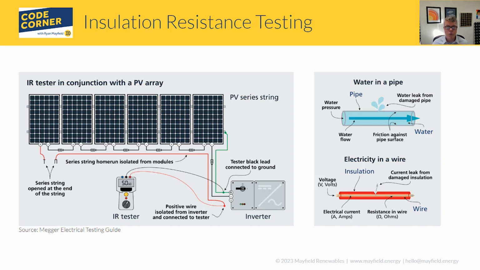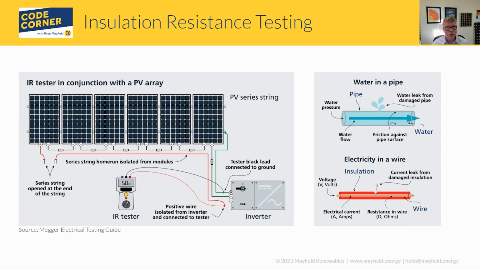If you have water flowing through a damaged pipe, it's going to spring a leak. Very similar, if you have a conductor with insulation over it, and that insulation gets damaged, you're going to spring a leak of electrons, if you will. Definitely don't want that. It leads to faults, potential problems, fires, things like that. So we want to test the conductors and try to identify any problems early on.